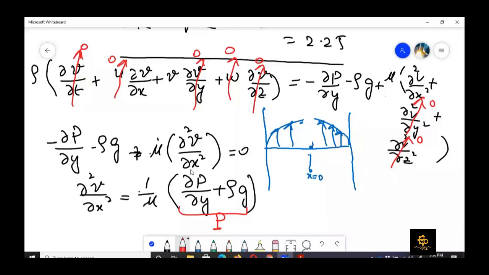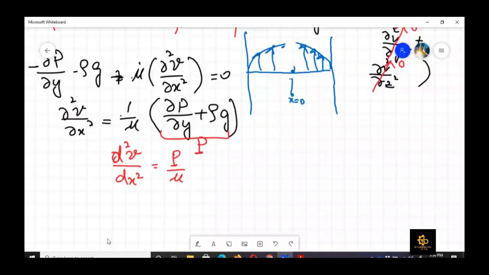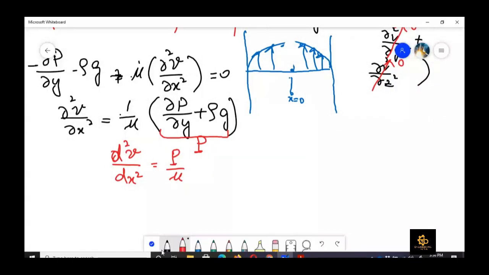That represents this constant value, because the pressure gradient is also constant, and rho is constant because it is an incompressible fluid. So we can write d square v upon dx square, because v is only dependent upon x, equal to P upon mu. Now if we want to calculate the v velocity from here, that is very simple. First of all, take the first derivative.